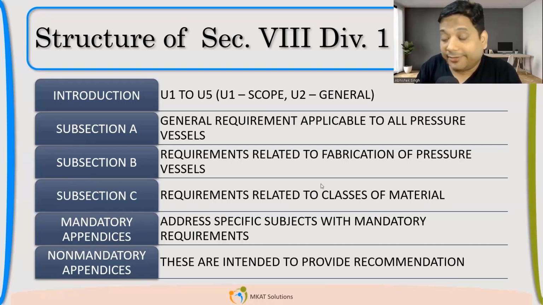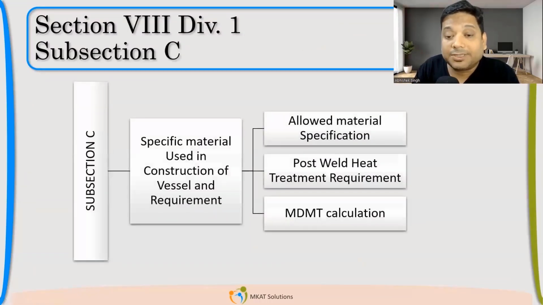There are lots of other parts which are covered in subsection C. So if you see the structure, what exactly does subsection C talk about? Mainly, first it talks under that material category, like UCS or alloy steel or high alloy steel, what are the grades of material which are permitted.